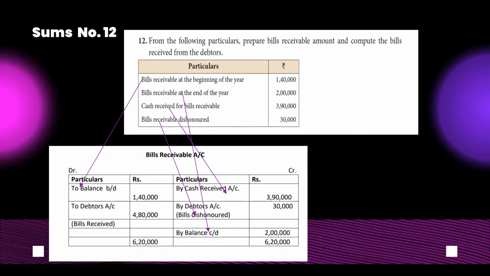So now you are balancing. Now you can find out on how many debtors, on some debtors we have drawn a bill, so that amount will be found out now. That is 4,80,000 is the answer.